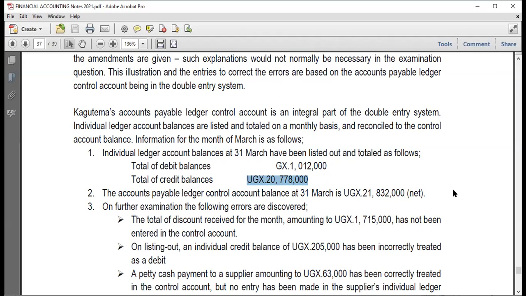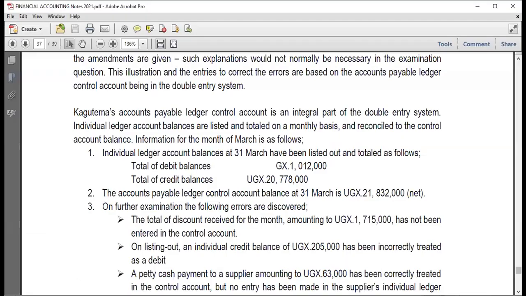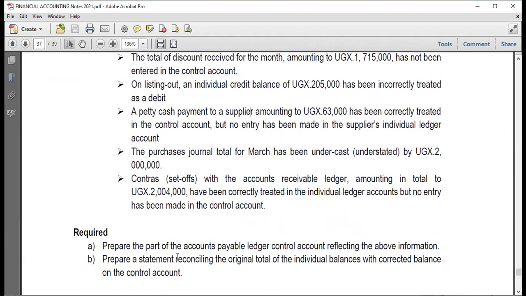So we are going to do the reconciliation just here. So right here, we can call it reconciliation. Just trying to pick a heading.